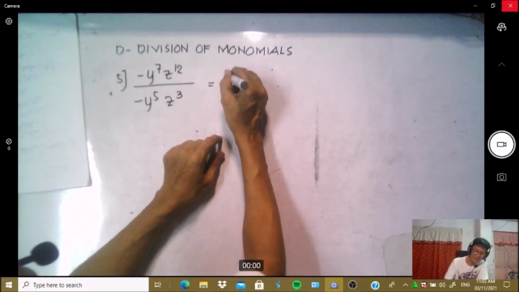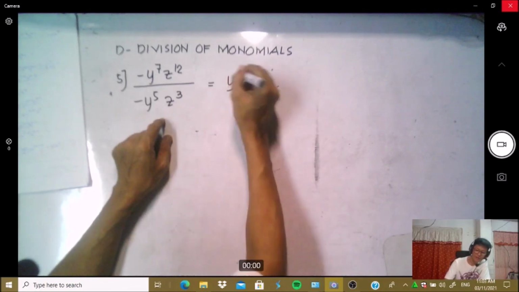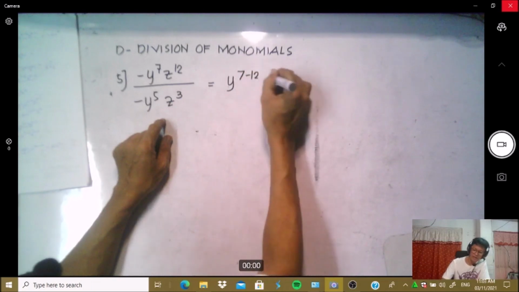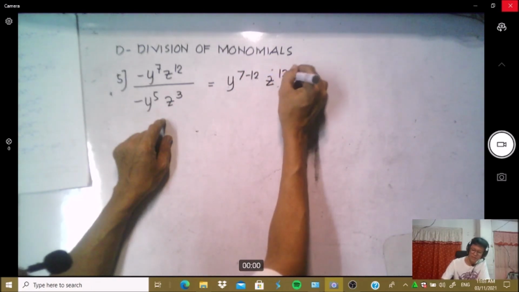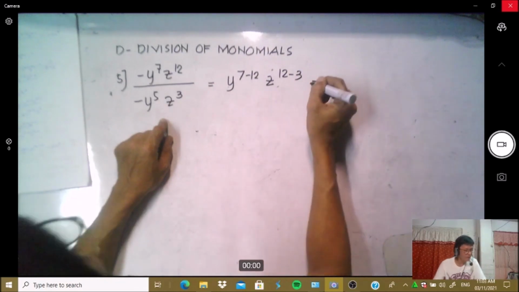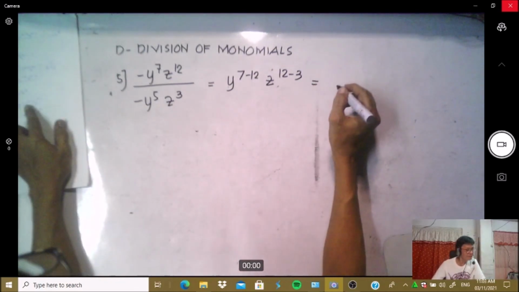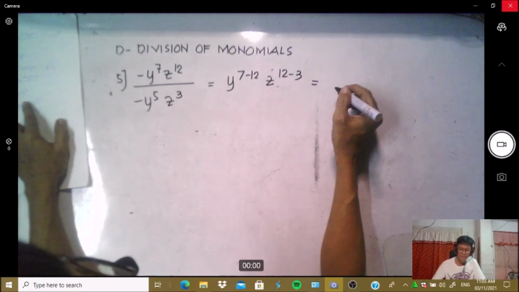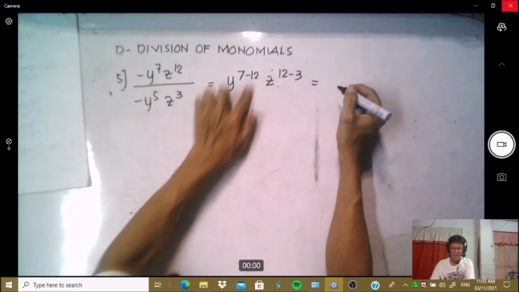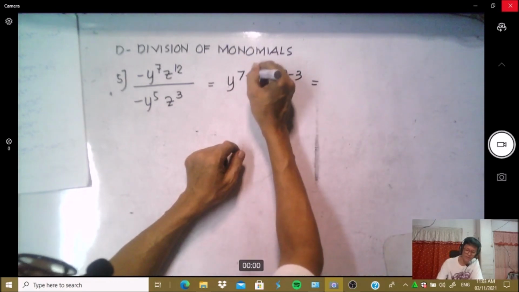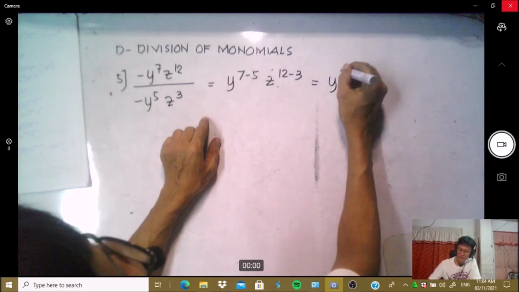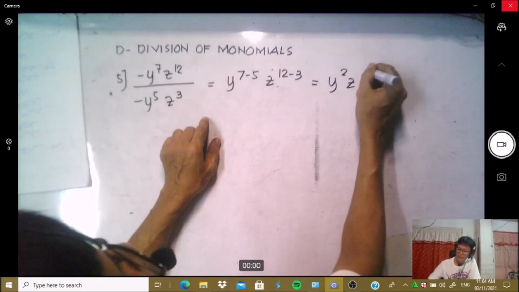So we have y raised to 7 minus 5 and z raised to 12 minus 3. And therefore our answer will be y squared, then z raised to 9.